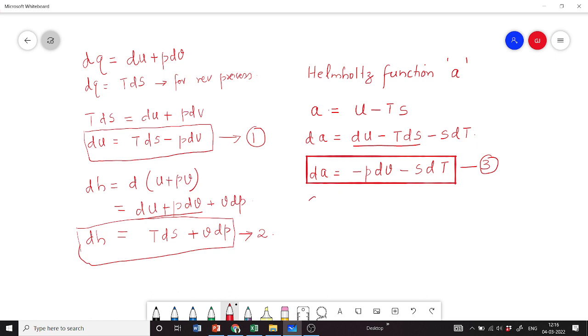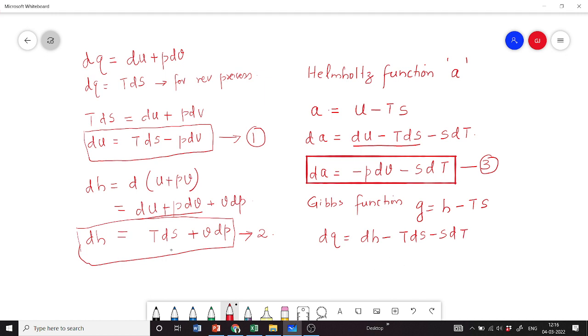Similarly, the Gibbs function is defined as G is equal to H minus Ts. Again, these are specific terms, so this is also small s. So dG is equal to dH minus TdS minus SdT.